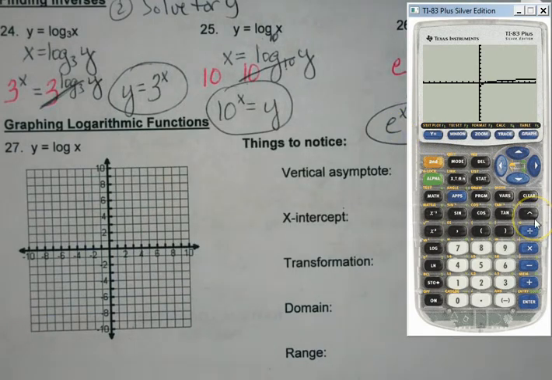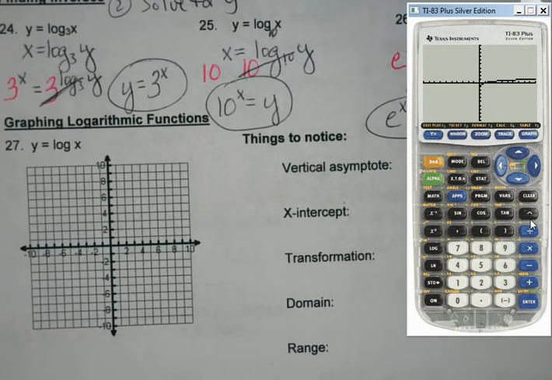Basically, what we're doing here is, if we had something that was growth or decay before, it would come from up top and from the bottom, and it would hug the x-axis. So technically I had a horizontal asymptote last section.